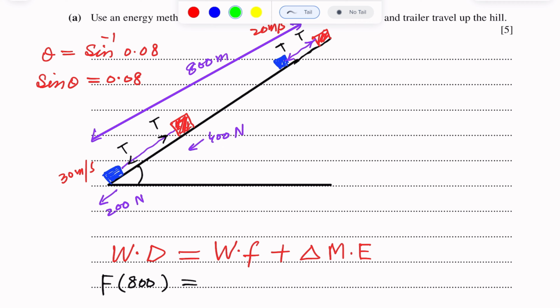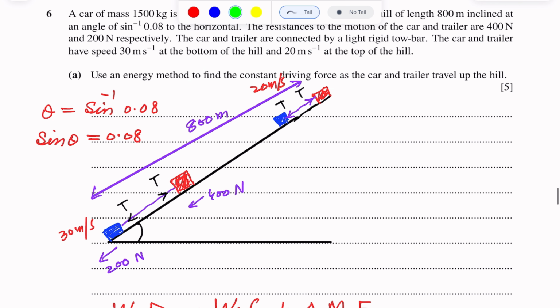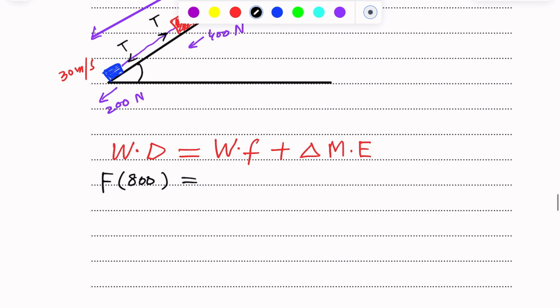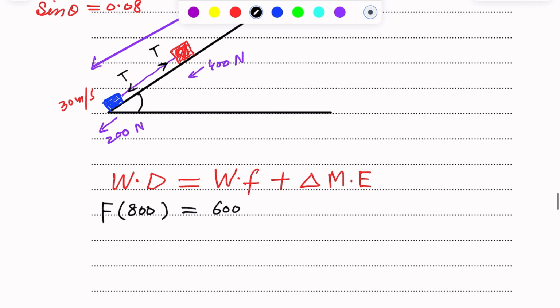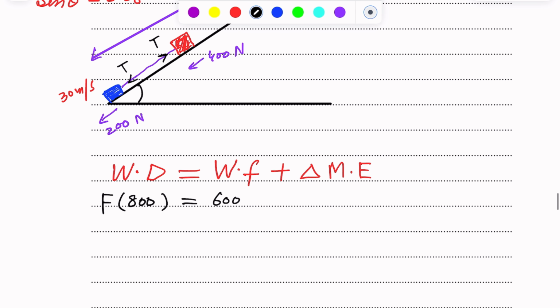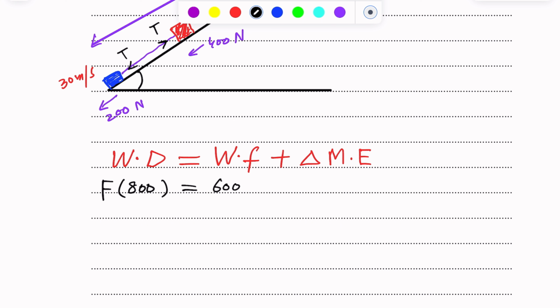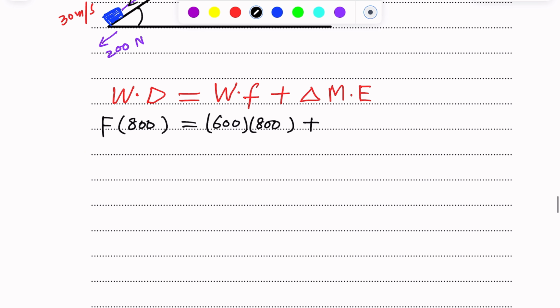Friction is 600 and distance is the same from bottom to top, that is 800 meter. So we are writing here 600, adding both the resistance forces 400 and 200 opposing the motion of the system, 600 into 800 distance, plus change in mechanical energy.